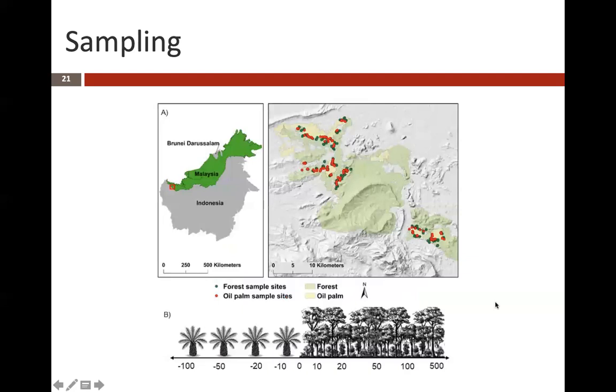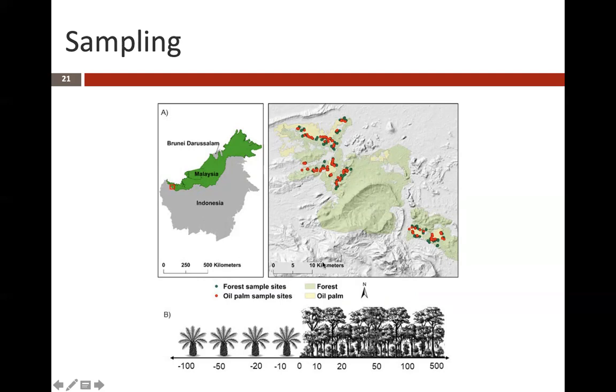Here is another example from our work in Borneo. I know those points look really clustered, and spatial autocorrelation is always an issue and a concern. In this particular case, what we were interested in was how species abundance and diversity changes with increasing distance into both forests, forest to the right, and oil palm plantations, to see in part what impact oil palm plantations have on mosquito abundance and diversity.